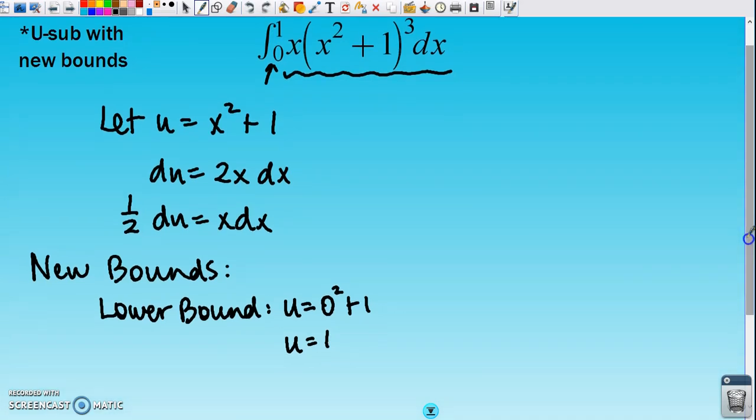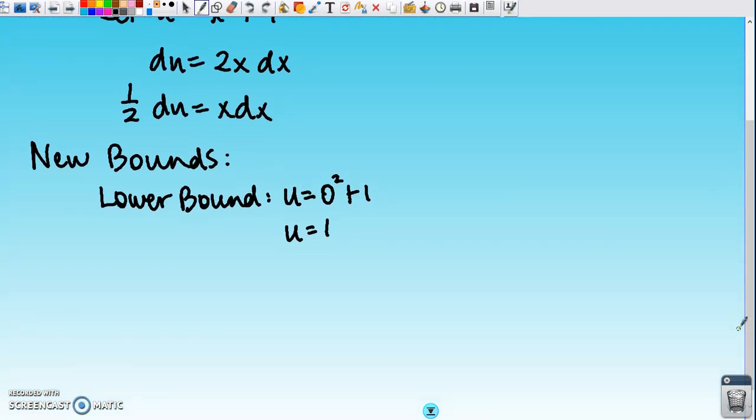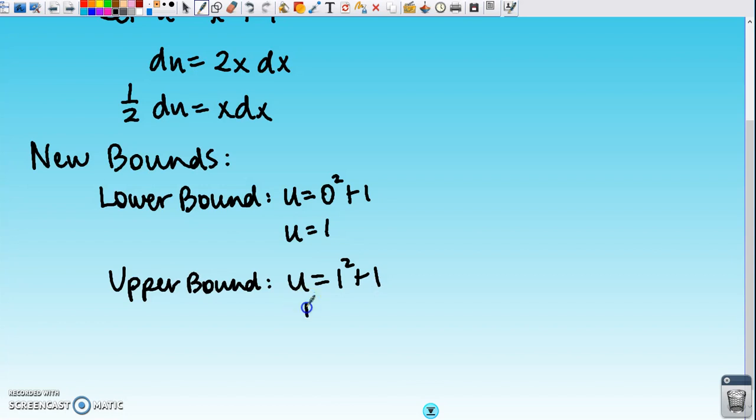I'm going to repeat the process with my upper bound. Originally it was a 1, so 1 squared plus 1, so my new upper bound is going to be u equals 2.